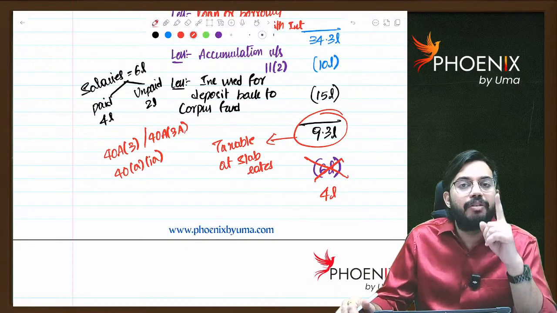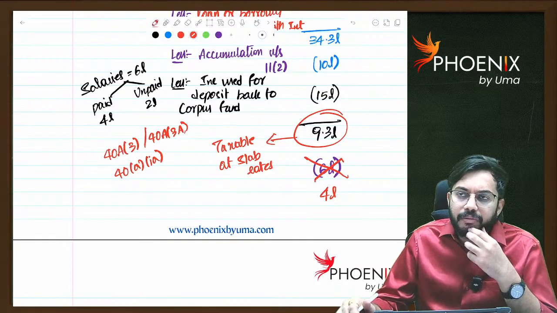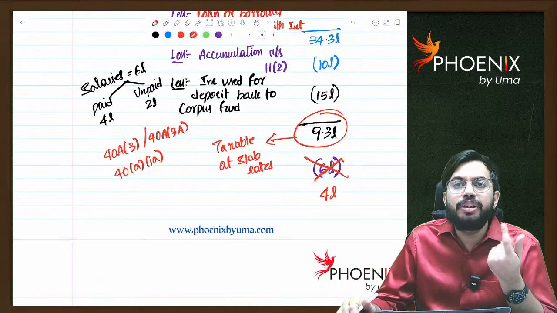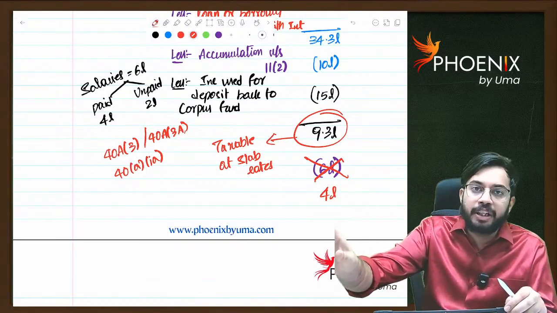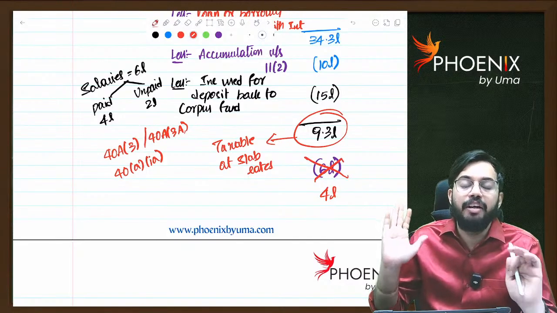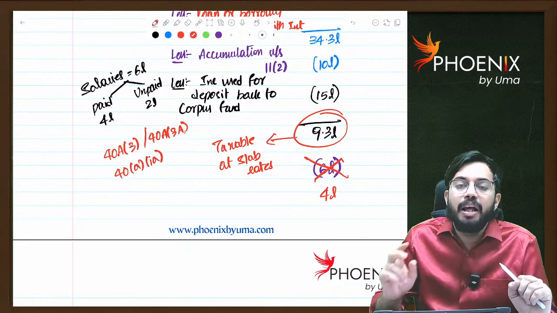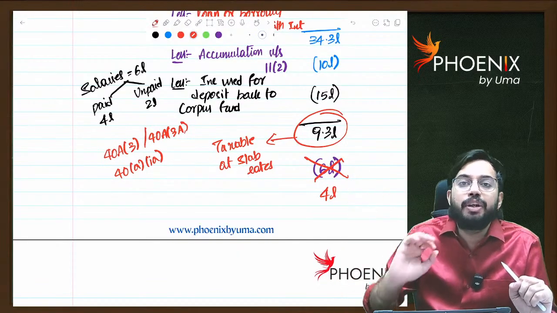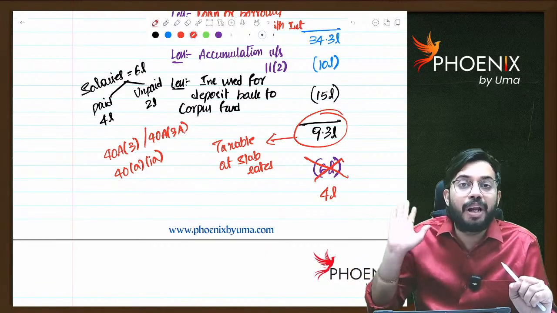Now you will get one doubt. Sir, you said outstanding amount, and you also said accumulation as per section 11(2). You said bumper donation. See, if you file declaration, then you can claim it as deduction. For example, salaries is there. 4 lakhs I paid in current previous year. Remaining 2 lakhs I did not pay in current previous year. I gave declaration to assessing officer within 2 months before ITR due date. Then I can claim 2 lakhs as deduction.